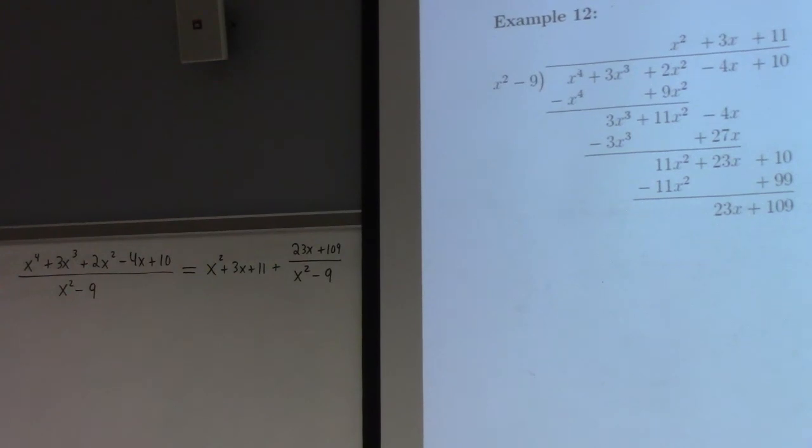I might ask you one of these long division problems on the next test, but I think the bulk of your responsibility on the next test is going to be geared toward graphing and factoring and things like that. So long division is something you want to learn, but it's not the end-all be-all going forward.